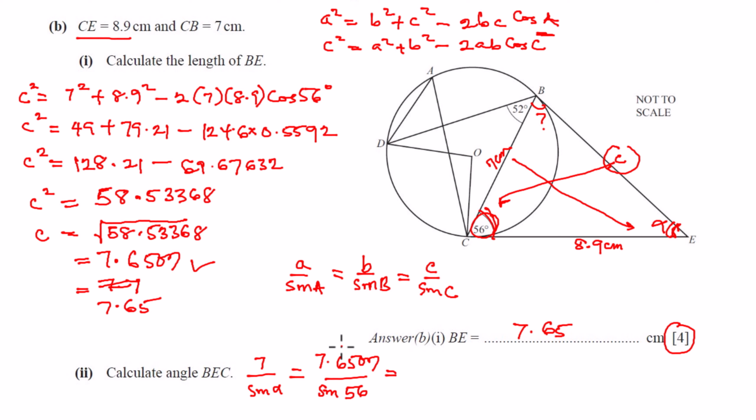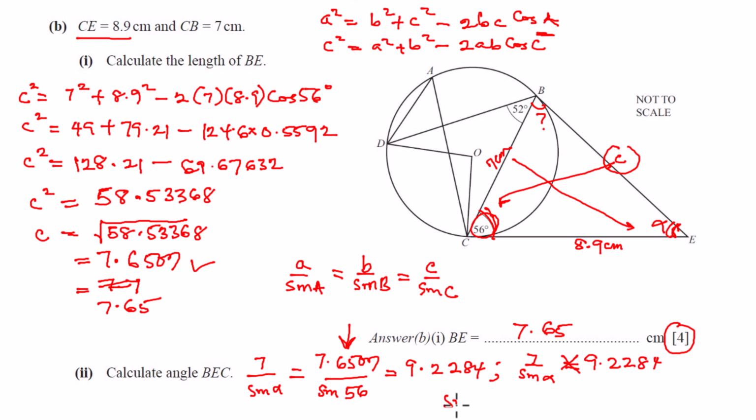If I tidy this right hand side, 7.6507 divided by sine 56 is 9.2284. So what this means is that 7 over sine alpha is equal to 9.2284.